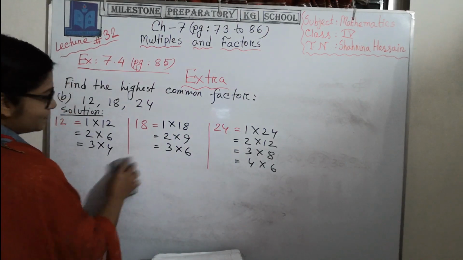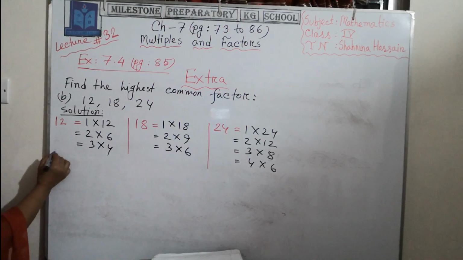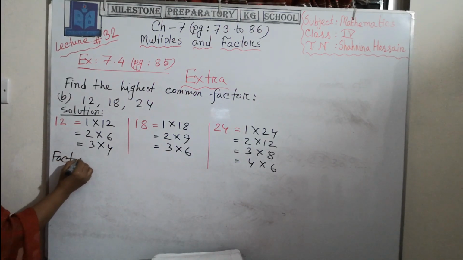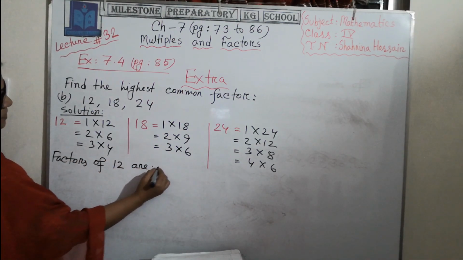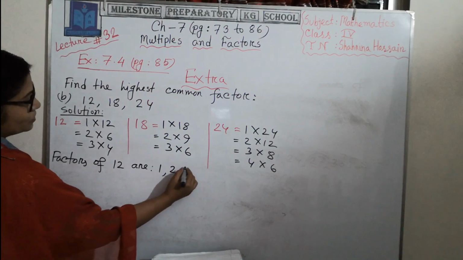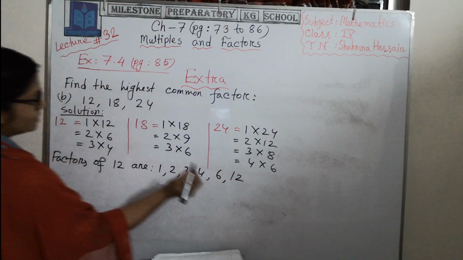Okay, fine. Now, factors of 12. Factors of 12 are 1, 2, 3, 4, 6, at last 12.